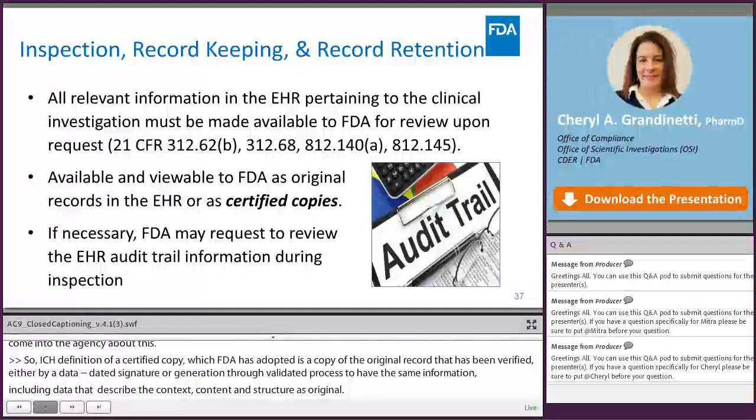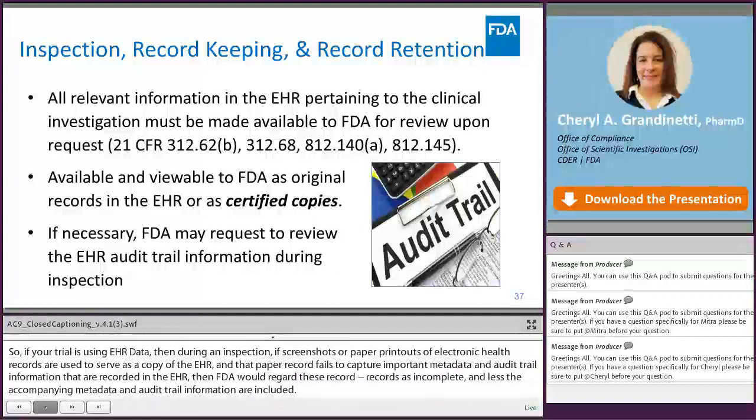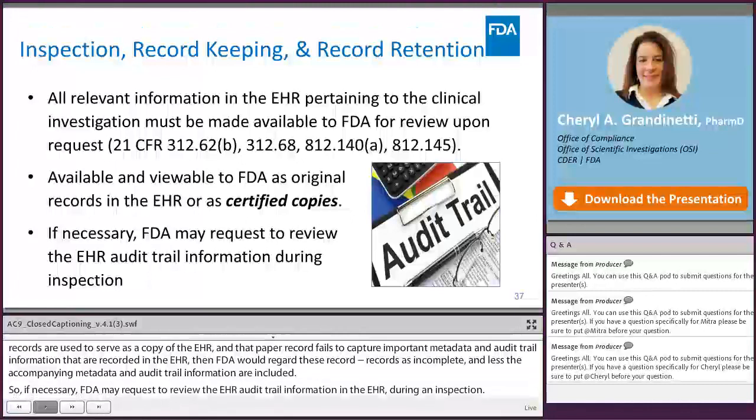So if necessary, FDA may request to review the EHR audit trail information in the EHR during an inspection. We would recommend that sponsors and clinical investigators retain the ability to access the EHR data, associated metadata, and audit trail information should this access be requested during an FDA inspection.